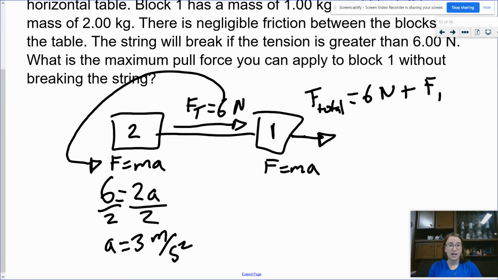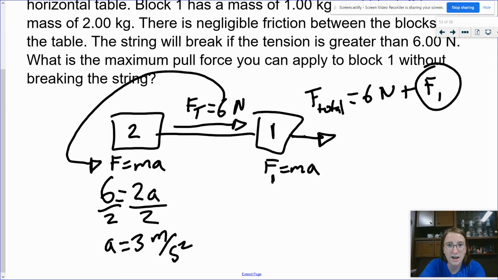Now, if block 2 is moving with that acceleration, block 1 also has to move with that same acceleration because they're moving together. So I'm going to be able to find this force right here, and then I'll be able to say the total force that I will be applying in order to get both of these blocks moving and not break the string.